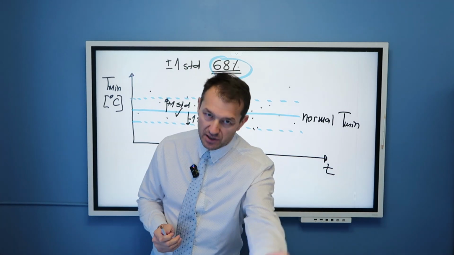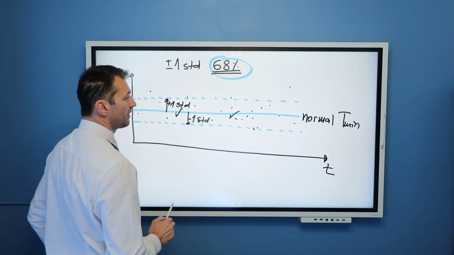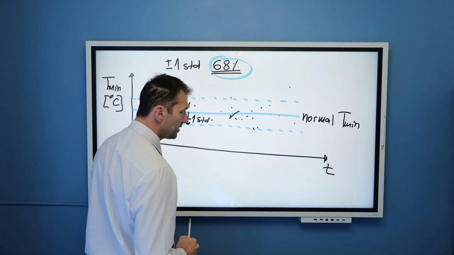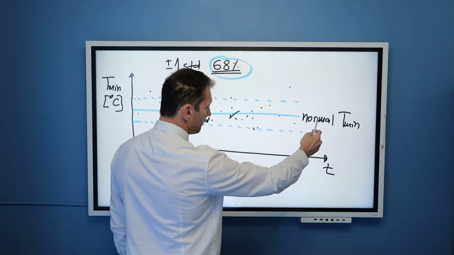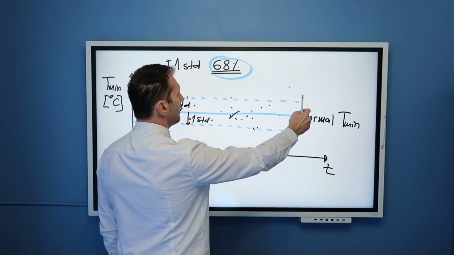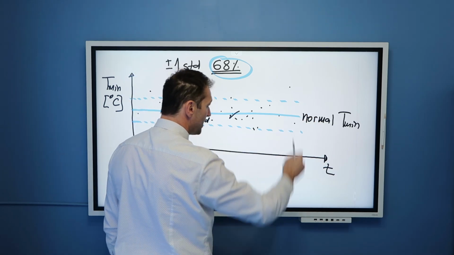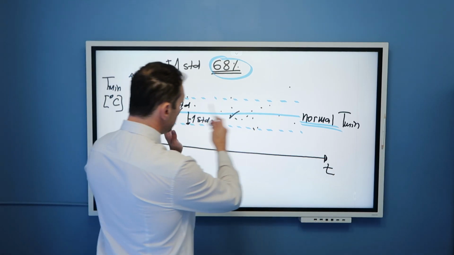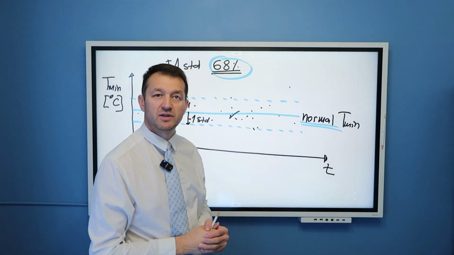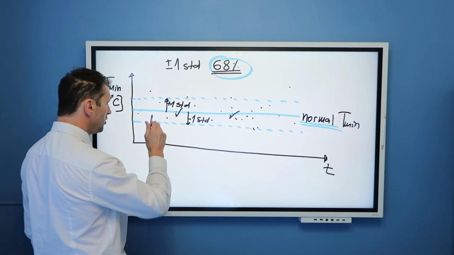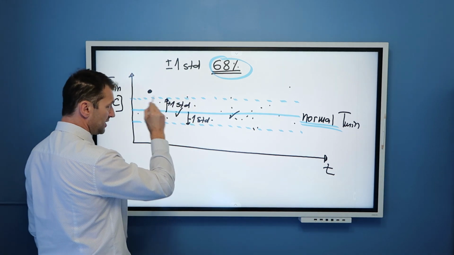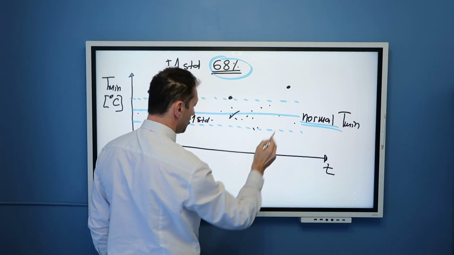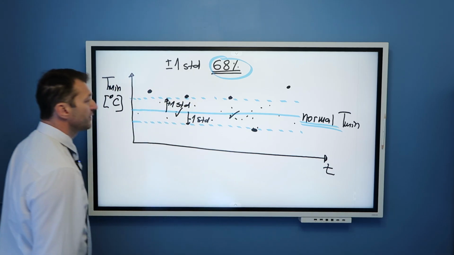Now, this can be used to give some prediction, because I can tell you with 68% certainty that the next data point will be within plus minus 1 standard deviation around normal. And in 68, almost 70% of the cases I will be correct. Not in all cases, because notice this point was outside, this one is outside, this one is outside, this one is outside.